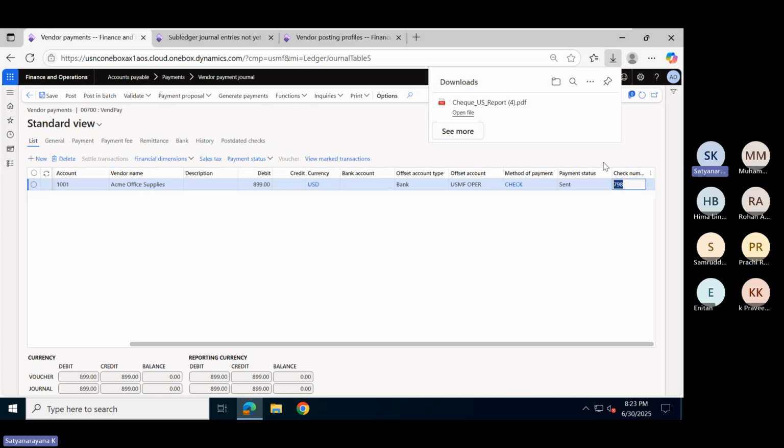Now here the check is generated. Check number is 798. Here it is showing it was a generated check.